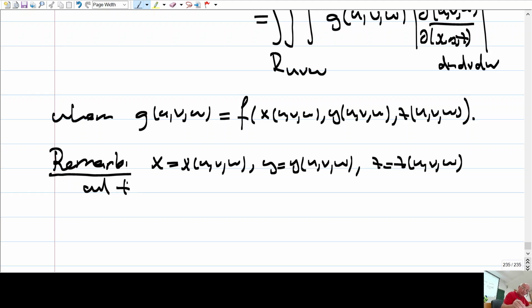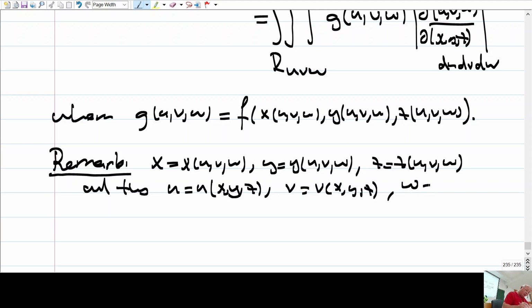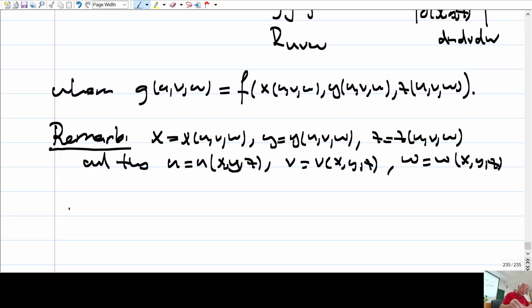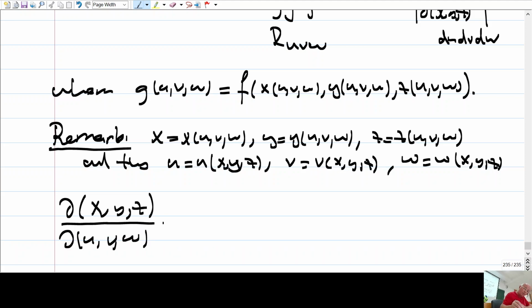And thus, if this is a coordinate transformation, I can write u, v, w in terms of x, y, and z. So I also have u, v, and w as functions of x, y, z. And I may consider the following Jacobians. Jacobian of x, y, z with respect to u, v, w.